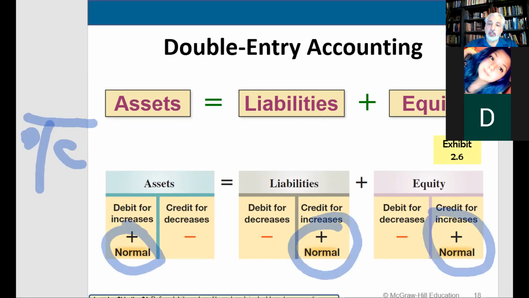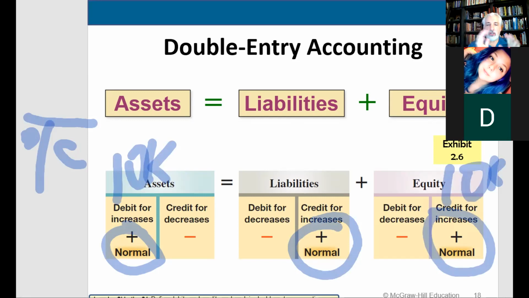So if someone invests $10,000 in our business and we get $10,000 in cash, lo and behold, our assets go up 10,000 and our equity goes up 10,000. Common stock goes up 10,000. So again, if you start thinking of debits and credits as increase and decrease alone in isolation, you lose, because sometimes debits increase stuff and sometimes debits decrease stuff.